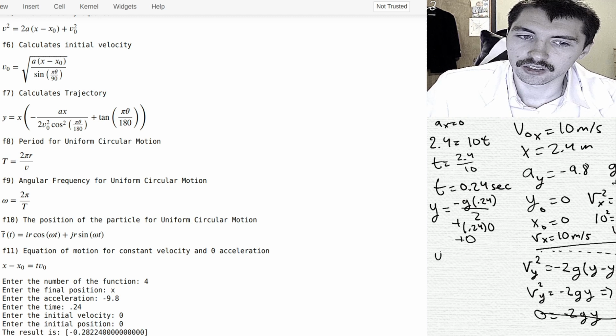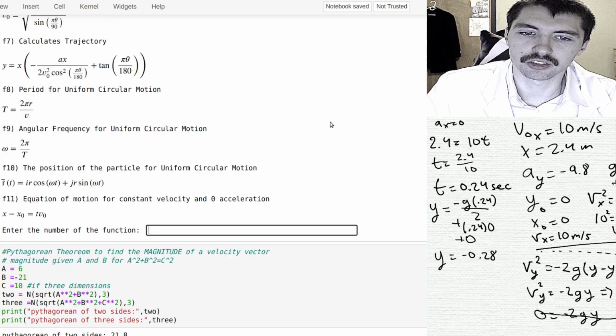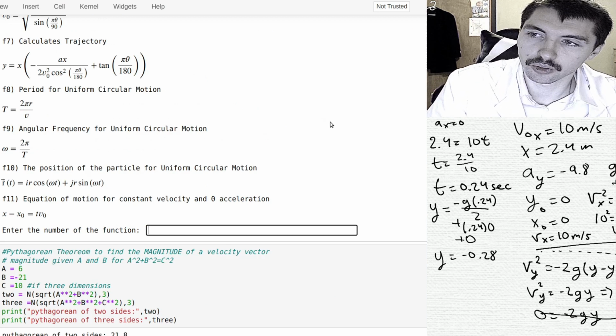Okay, so I'm getting 2.8. I'm thinking it should be positive gravity because we're going negative.